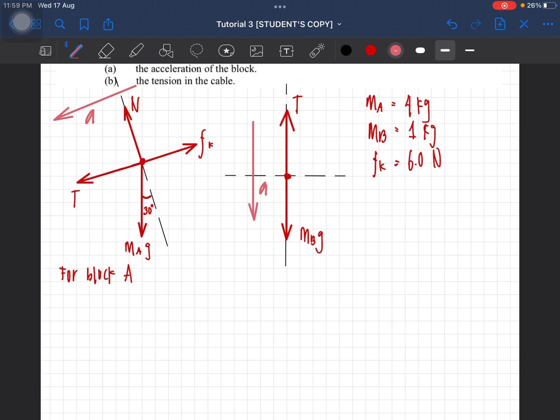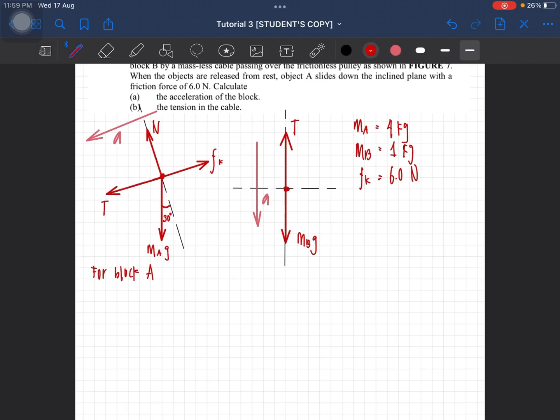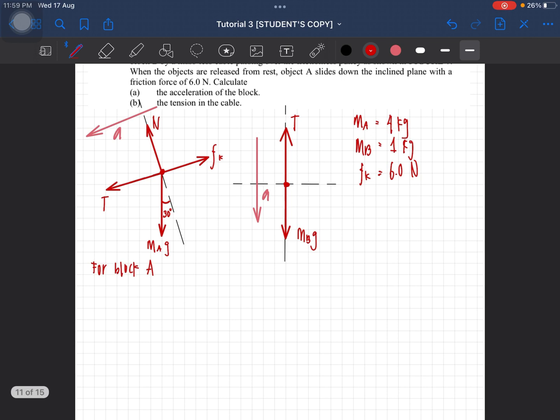Okay, so we only use the component that have acceleration. Jangan kamu pergi cari komponen yang tiada acceleration. Tiada guna lah sebab sekarang ni kita minta acceleration. Soalan minta acceleration. So for this block A, the only thing that has acceleration is the x component, which is ma a. Okay, so T will be positive because it is following the direction of acceleration.